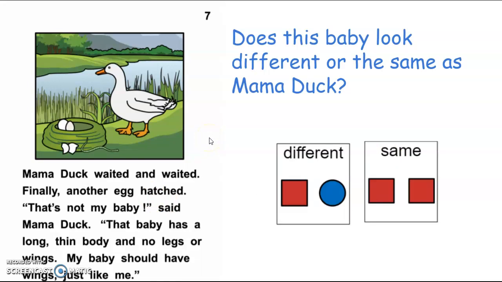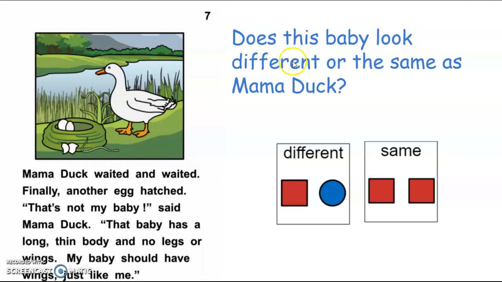Yes, all right. Mama Duck waited and waited. Finally, another egg hatched. "That's not my baby," said Mama Duck. "That baby has a long, thin body and no legs or wings. My baby should have wings just like me." Oh, what is that? It's a snake, huh?